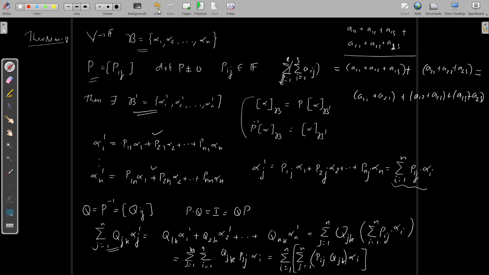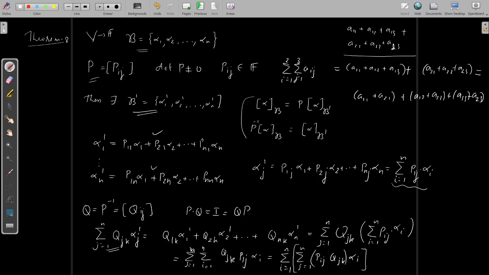This is in the other way: we write it as j, this is i, and i from 1 to 3 and j equal to 1 to 2.